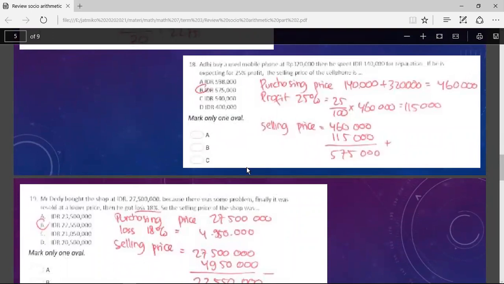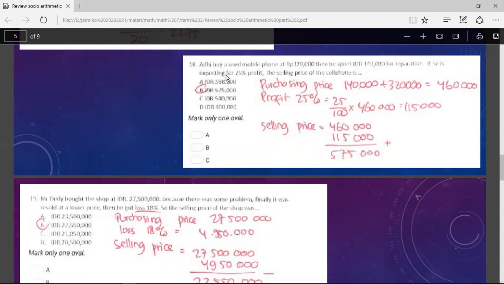Number 18, here we have a smartphone seller. So Adi buys a mobile phone for 120,000 and then he spent 140,000 for repair. It means both of that money is the purchasing price. So 460,000.